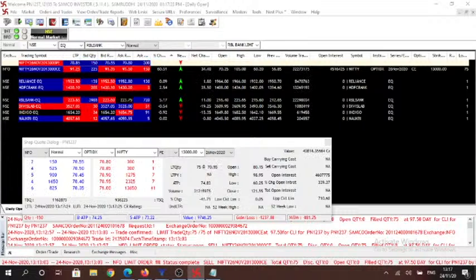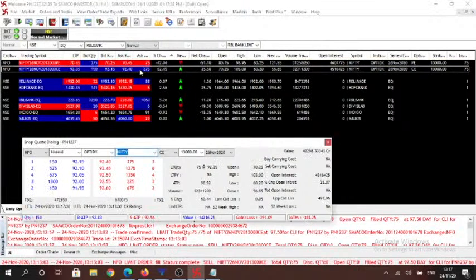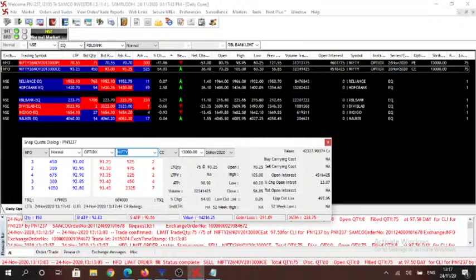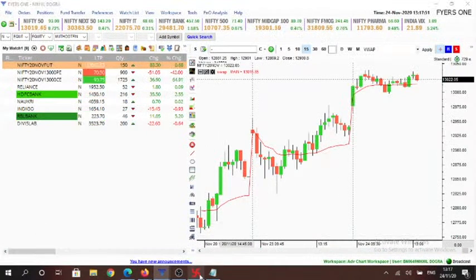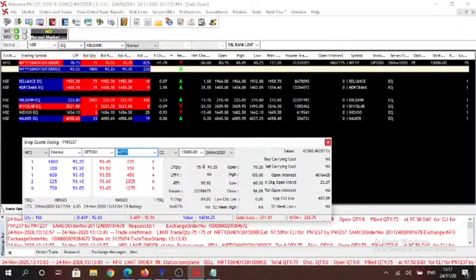Look at that. The way it reclaimed 70, something is definitely weird. See the volatility right now. The market also doesn't know where it is going to go. Let's see.